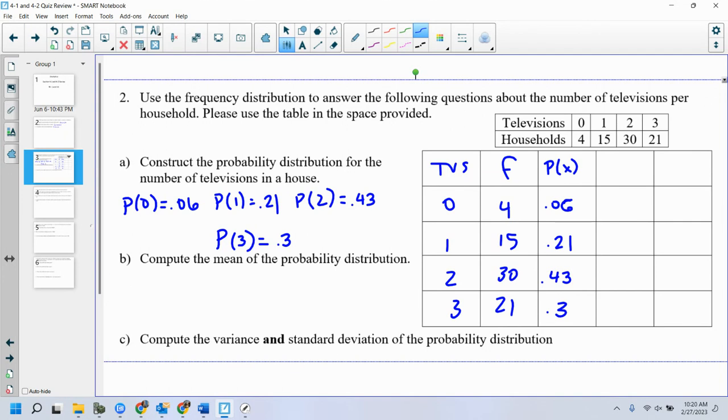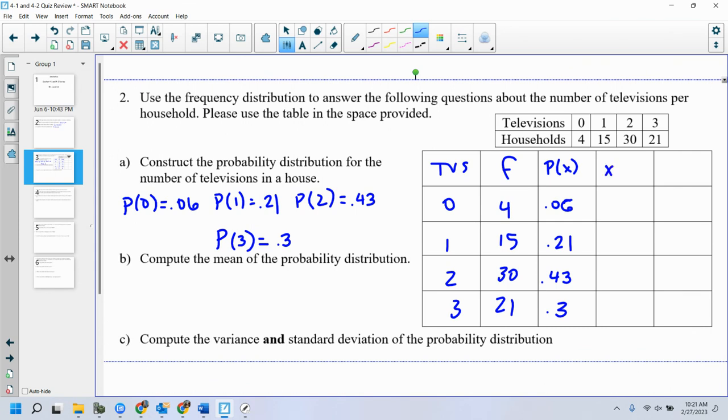You know what? Now I'm going to get my formula sheets, because I'm going to read it right as you're going to see it tomorrow. We are in chapter 4. It says the mean of a probability distribution is the sum of x times P of x.